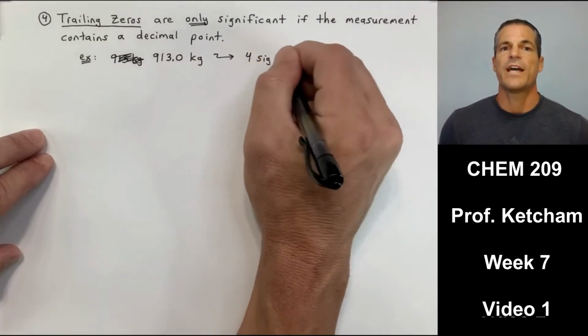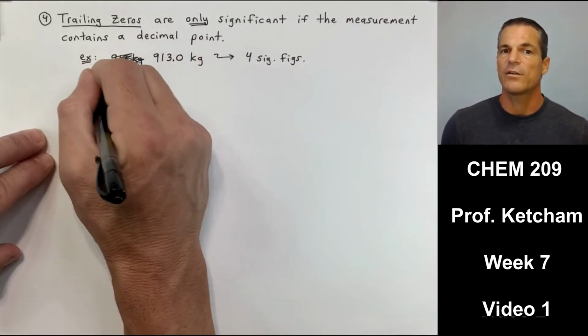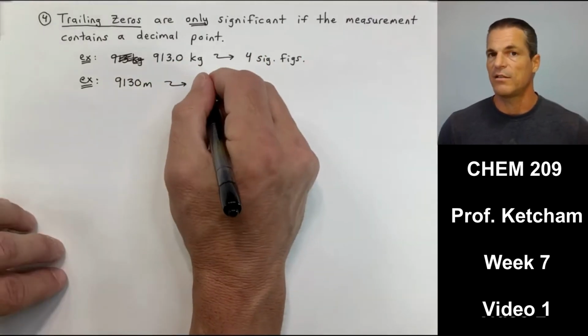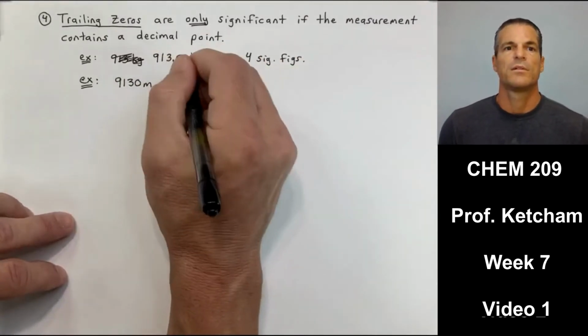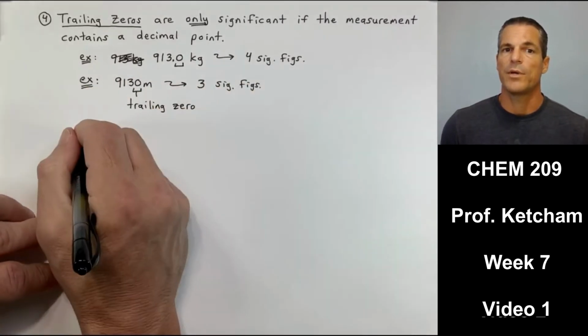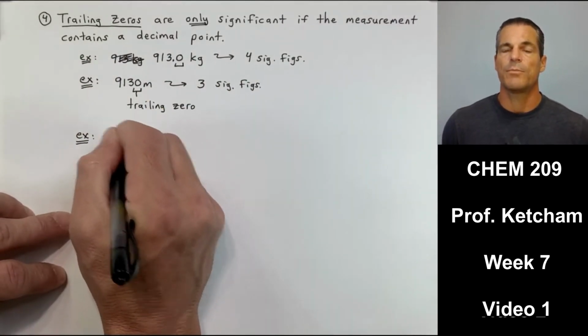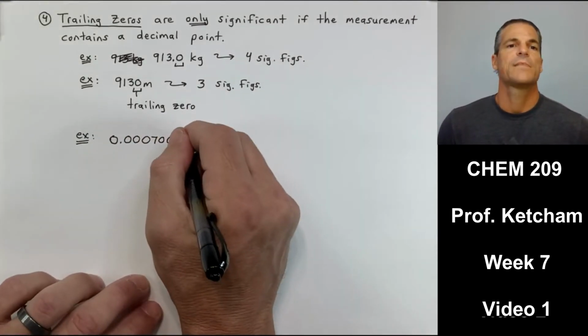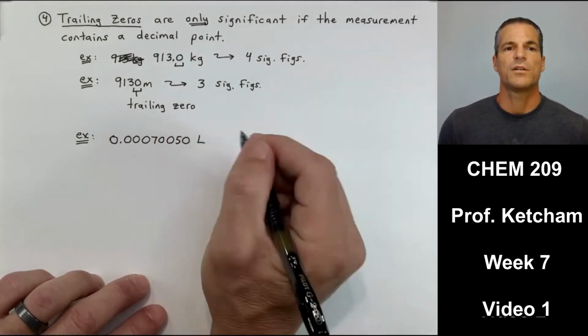So for example, 913.0 kilograms, 4 significant figures. Trailing 0, which means at the end of the number, with a decimal. In the next example, 9130 meters, that's a trailing 0, but there's no decimal point. 3 sig figs.